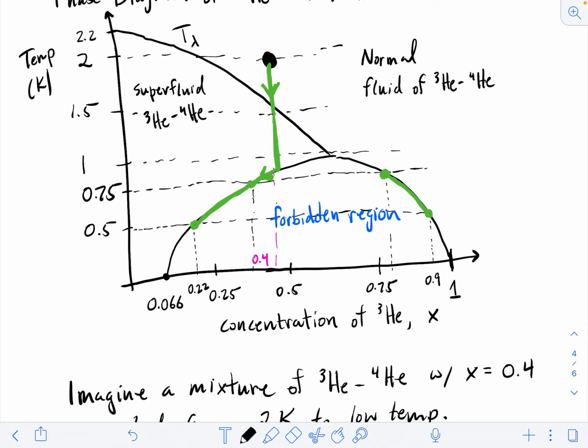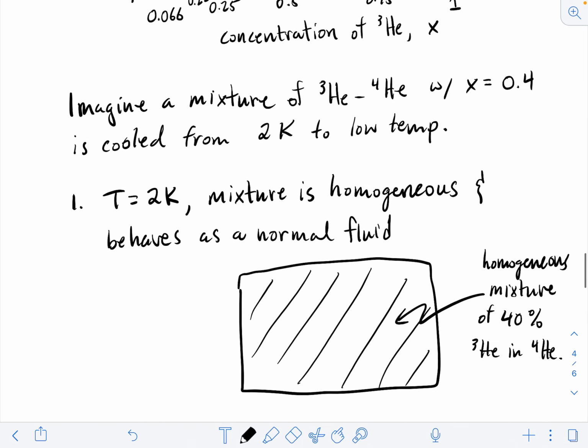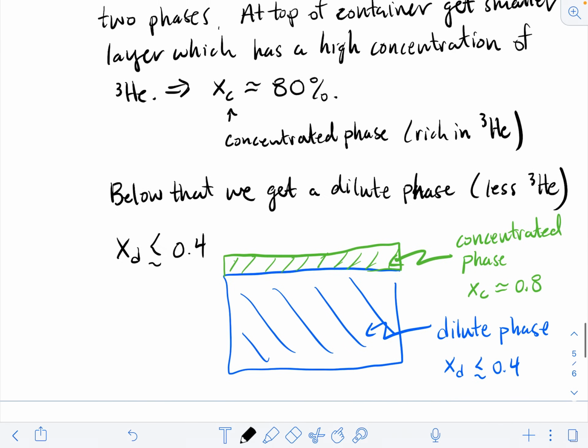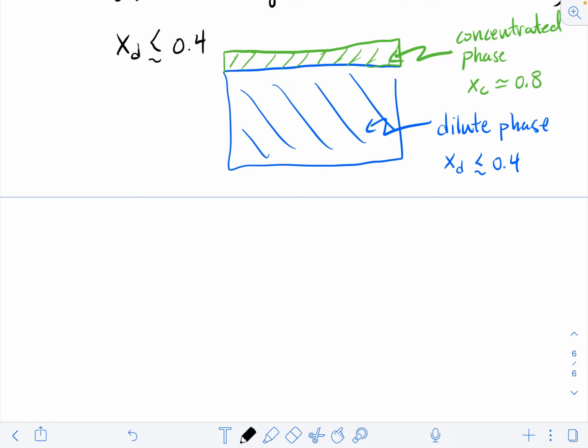And that's because as we lower this temperature, the quantum effects become more and more important, and we get this effect of the Fermi energy increasing relative to the thermal energy as we lower the temperature more and more.